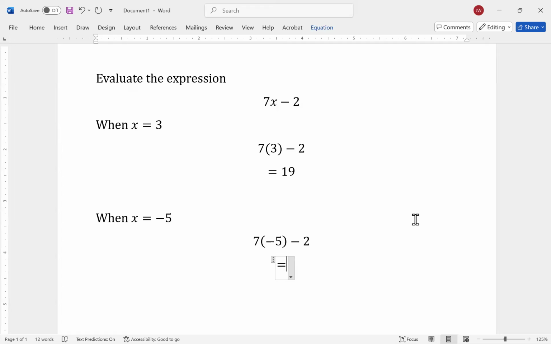I can either plug it into a calculator and get negative 37, or do it by hand. 7 times negative 5 is negative 35, minus 2 is negative 37. So we can evaluate the expression for lots and lots of different values for x. In fact, you could plug in any real number you wanted for x and then evaluate that expression.